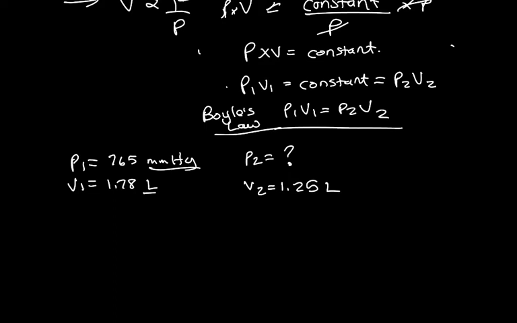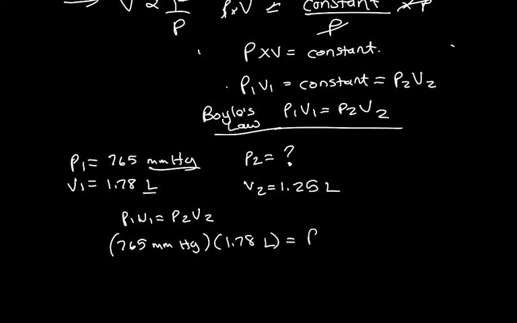What is P2? So P1 V1 is equal to P2 V2. I expect you to have those formulas memorized. Okay, so let's plug in P1: 765 millimeters of mercury times V1, which is 1.78 liters, equals P2, which is unknown, times V2, which is 1.25 liters.